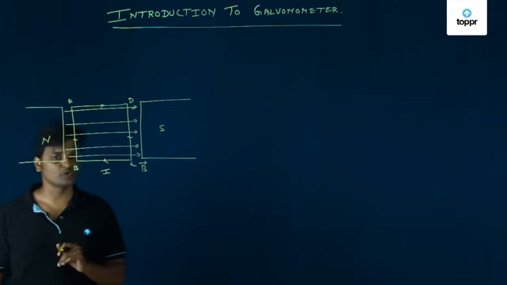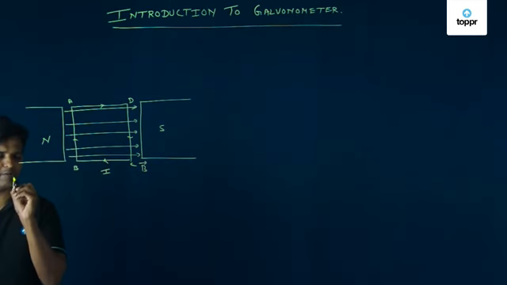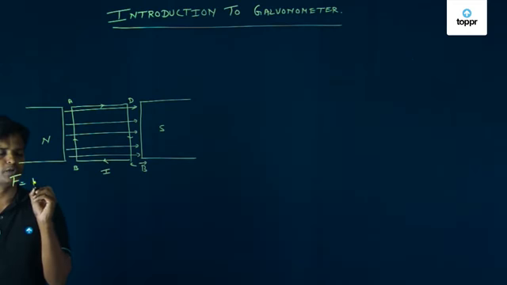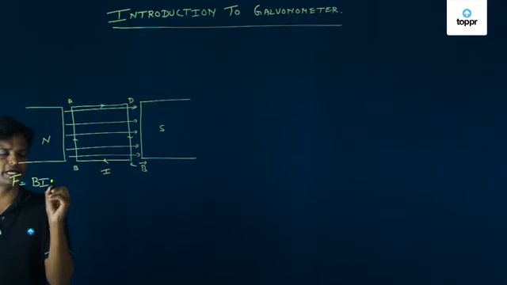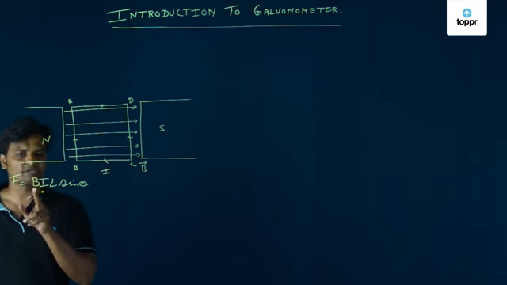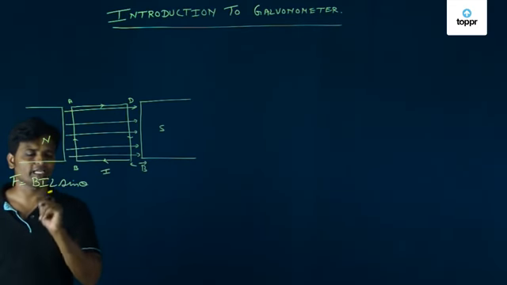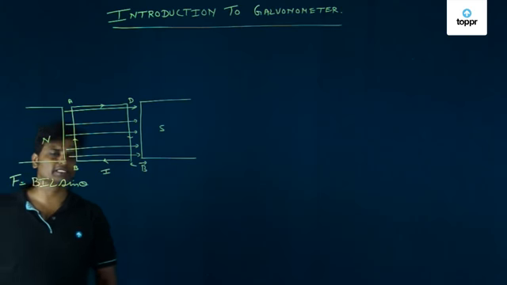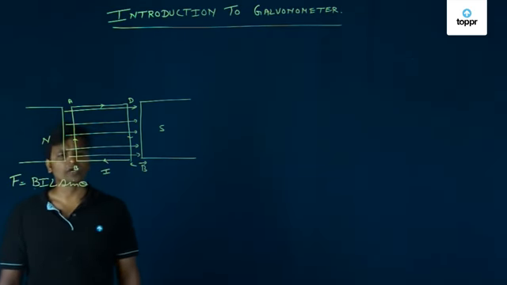What is this force given by? This force is given by F is equal to BIL sin theta, where B stands for magnetic field, I stands for current, L is the length of the conductor, and theta is the angle. Now in this particular case, what is the angle between L and B?